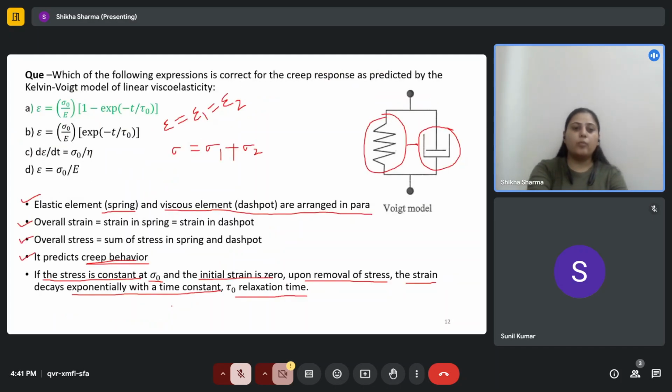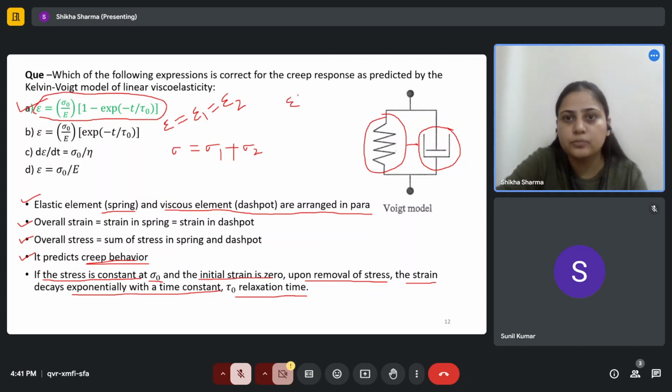Whereas in the Kelvin-Voigt model, the strain is decaying with time by this relation, where strain at time t is equal to the constant stress divided by modulus, times 1 minus exponential of minus t by tau naught, where tau naught is the relaxation time, right?